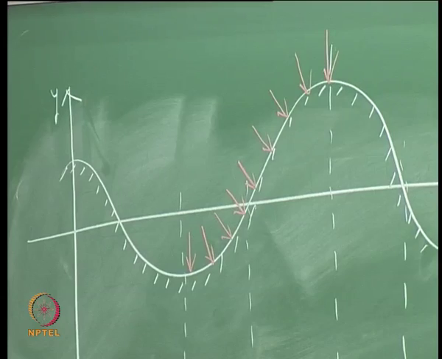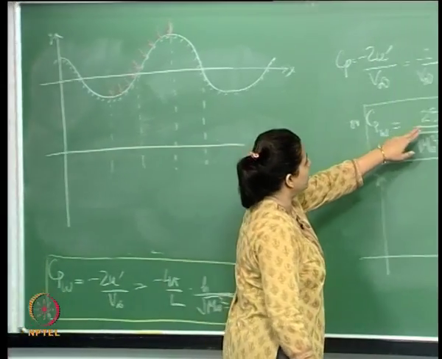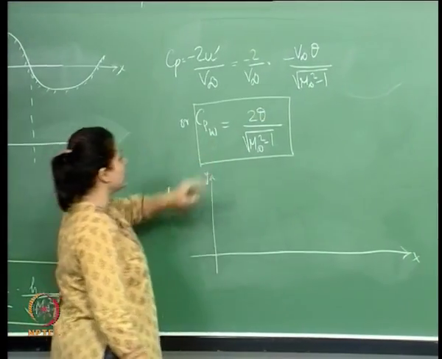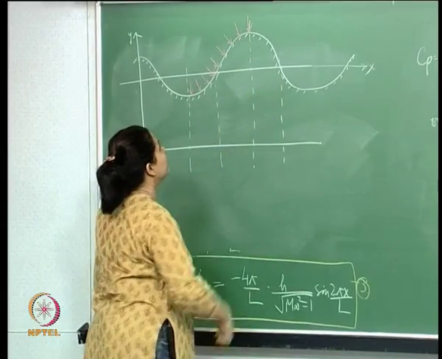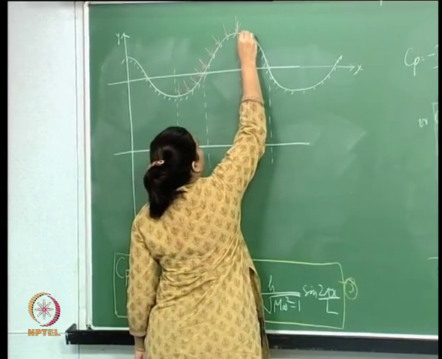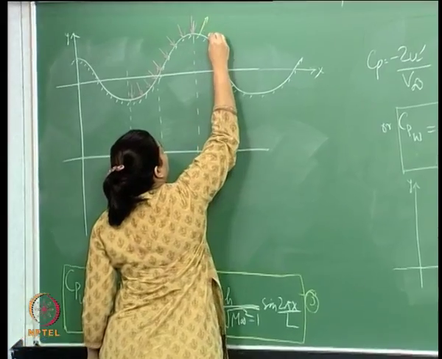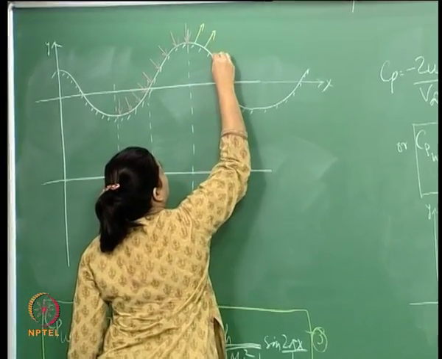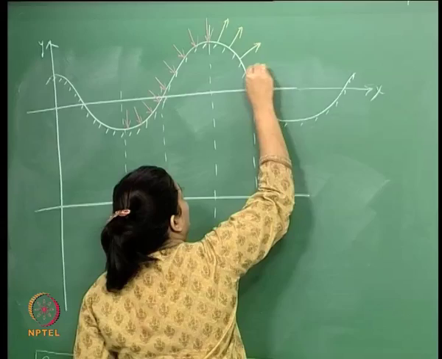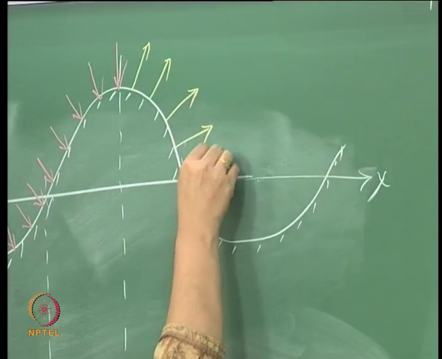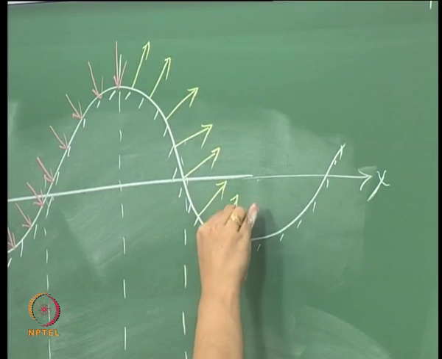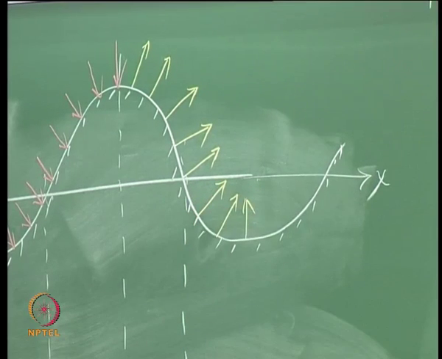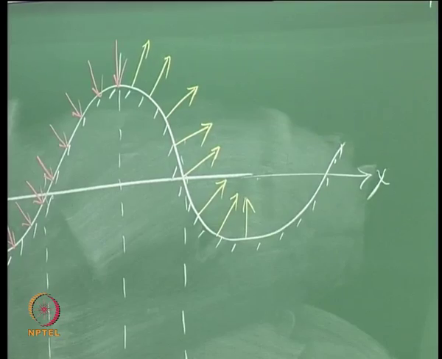And then if you look at this, theta is negative, Cp is also negative. So if that is true, then this becomes negative here. I'm just using the conventional notation. Okay, so this is what this means.